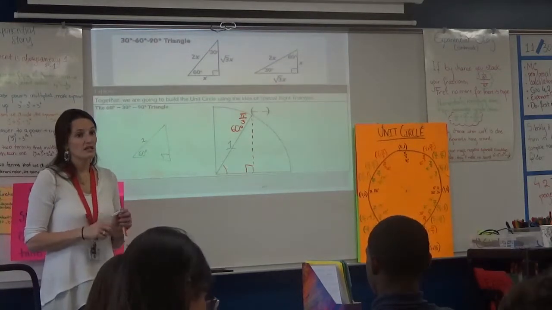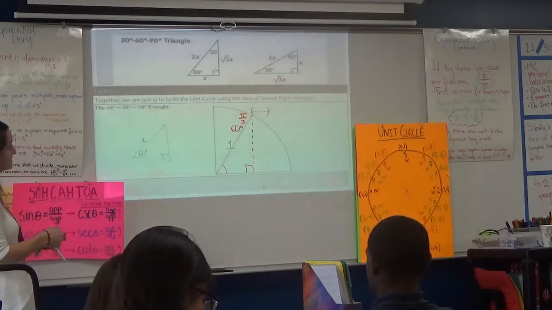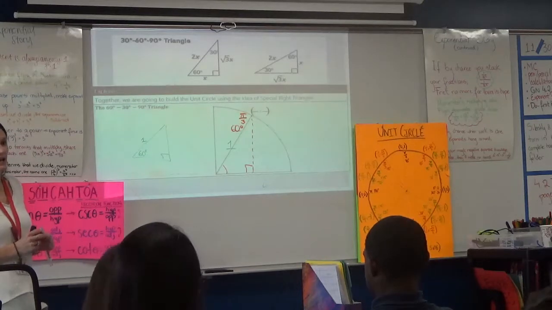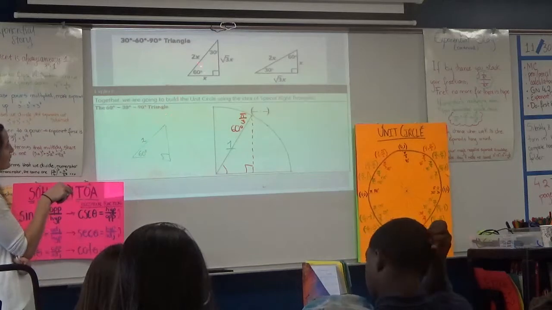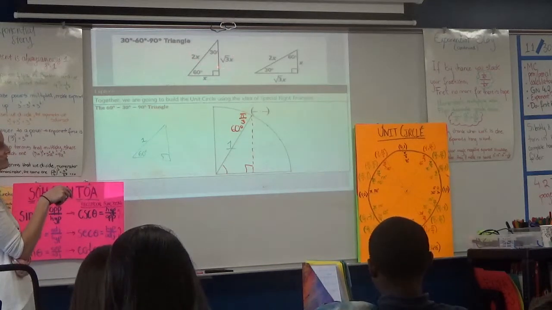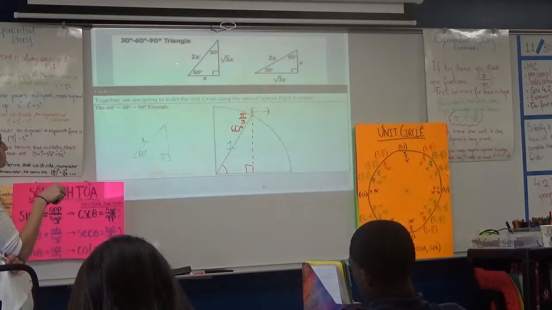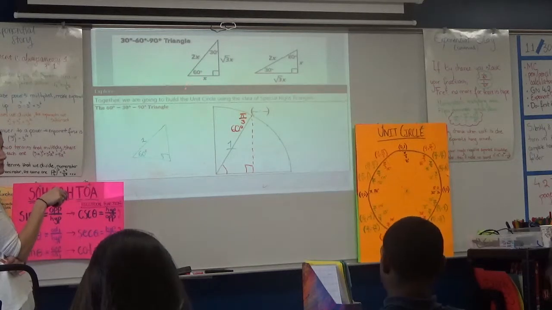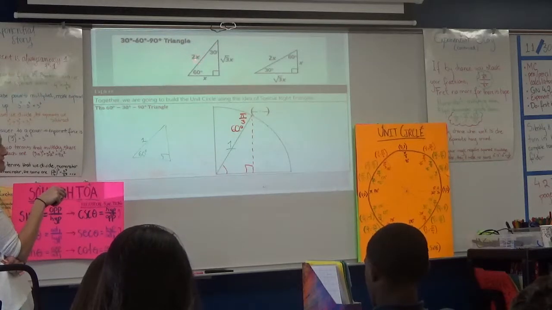Alright, using that, there is a special right triangle that has 60 degrees, 30 degrees, and 90 degrees. And from geometry or your previous courses, you might remember that the relationship between those sides is like I have right up here at the top of the slide. So if this is a certain number, x, the hypotenuse of a 30, 60, 90 is always twice the size of that x side.